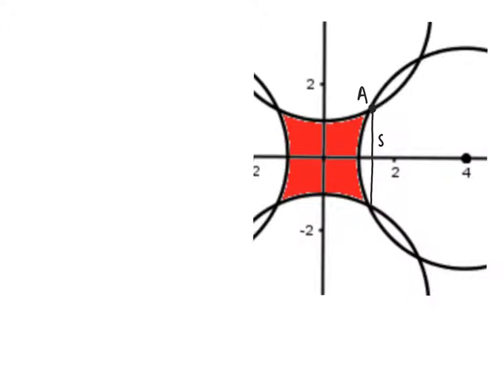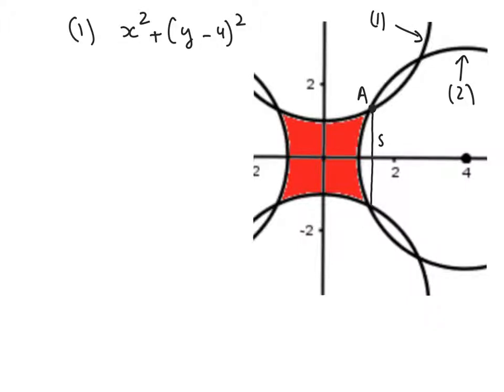and let's call it A. Now, to find the coordinates of the point of intersection A, we need to find the intersection between this circle and this one here. So let's call them 1 and 2. The equation of circle 1 is given by x squared plus (y minus 4) squared equals 3 squared.